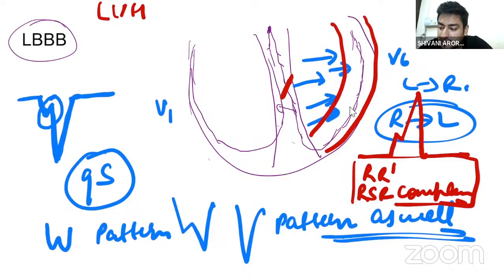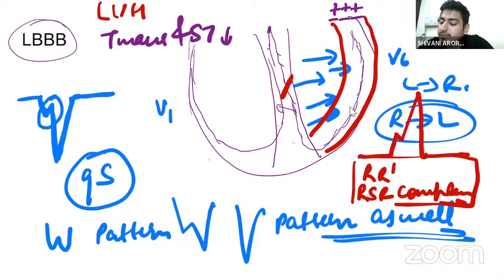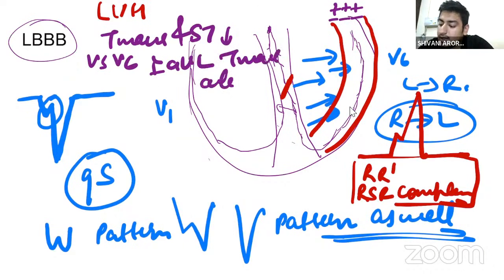So in case of left bundle branch block also, the T wave and ST segment would be inverted in left sided leads. So in V5, V6, 1, aVL, we have T wave inversions along with ST depression. And in reciprocal leads, that is in leads V1, V2, we have slightly tall T waves with slight ST elevation.